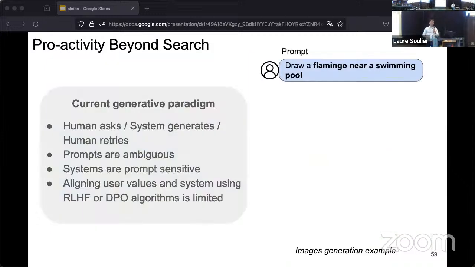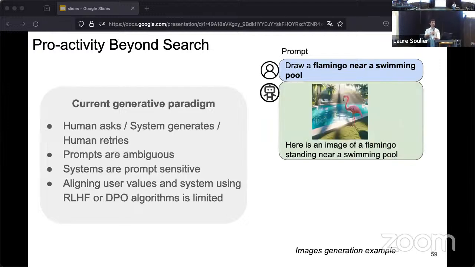So now for proactivity beyond search. In this thesis we were focusing on search, on information retrieval, but this paradigm can be applied to other domains. Currently the generative paradigm is that the user asks for something and the system answers or generates.